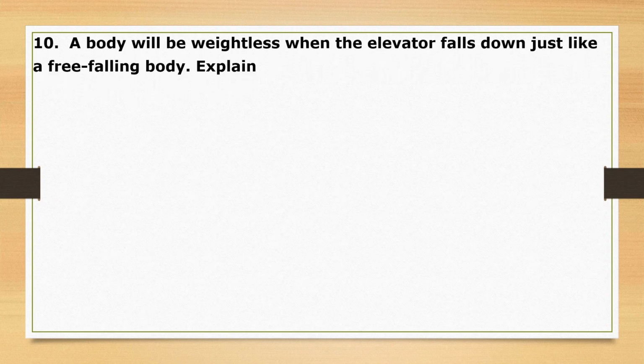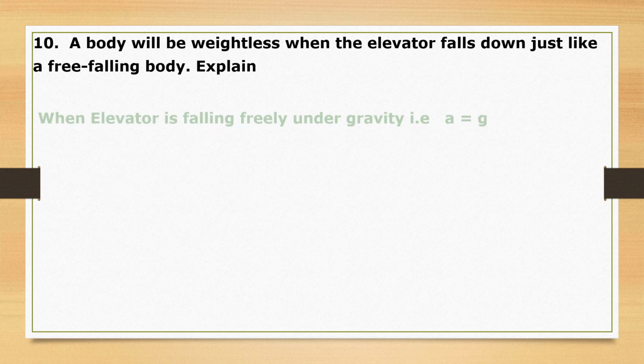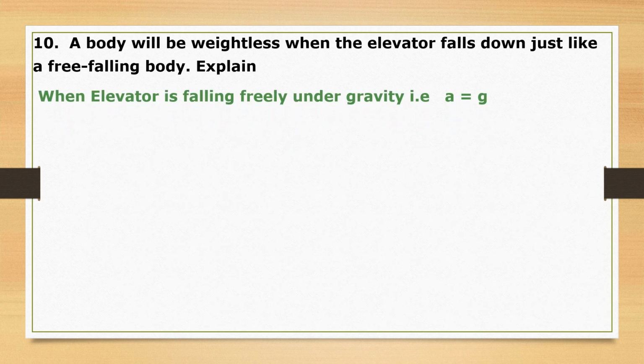Question number 10. A body will be weightless when the elevator falls down, just like a free falling body. Explain. When elevator is falling freely under the action of gravity, that is a is equals to g, then the relation for tension is T is equals to W minus ma. So we'll put the value of weight, that is T is equals to mg minus ma.